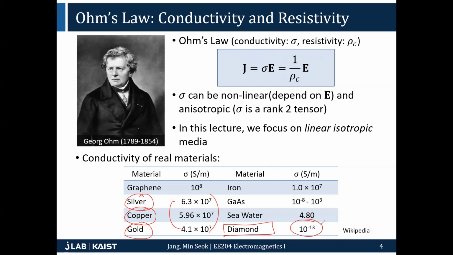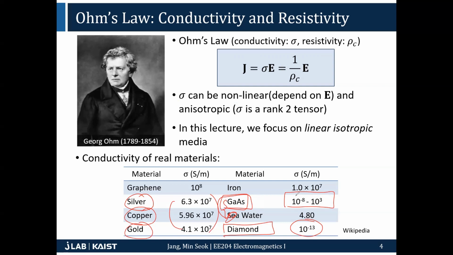So the difference is 10 to the 20, which is extreme, right? And in the middle, we have semiconductors like gallium arsenide or silicon. The conductivity of semiconductors varies a lot, with a range here from 10 to the minus 8 to 10 to the 3.